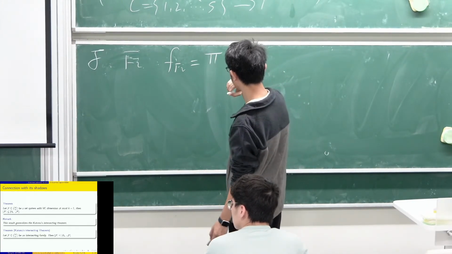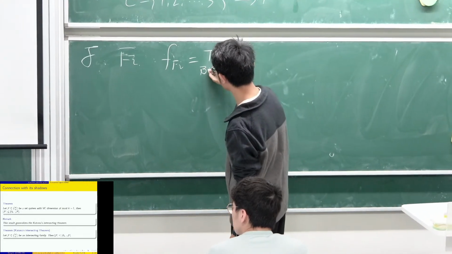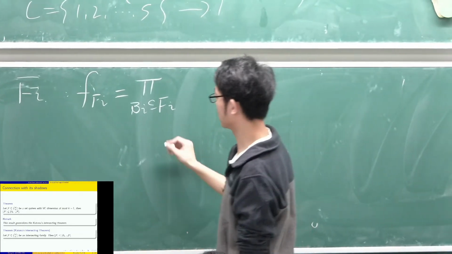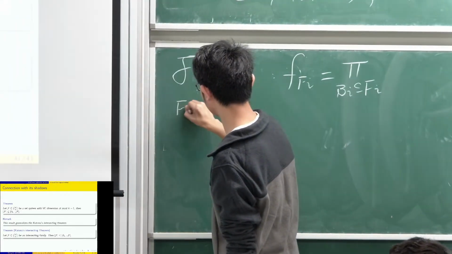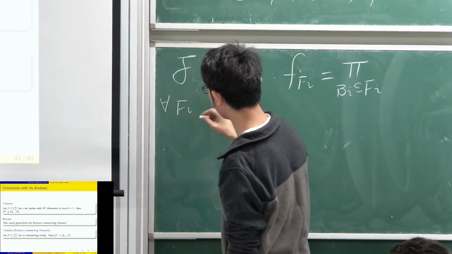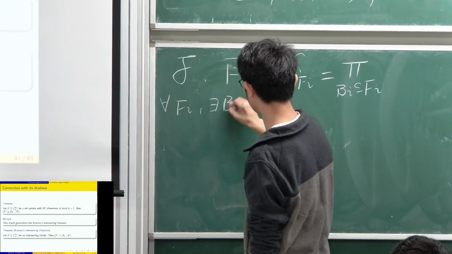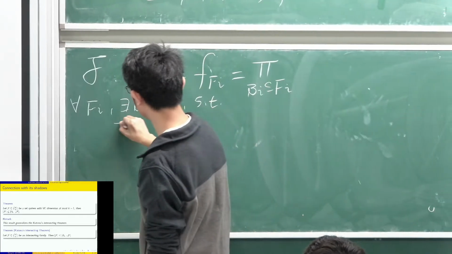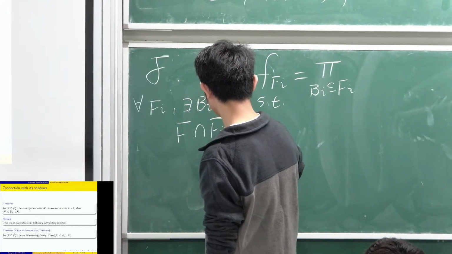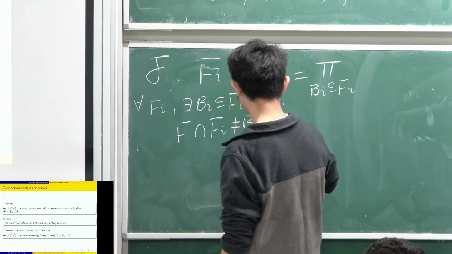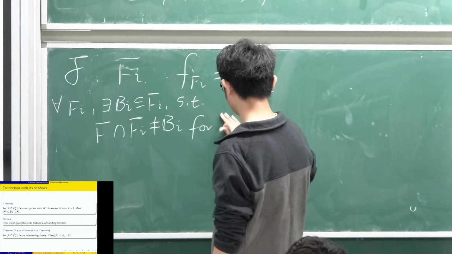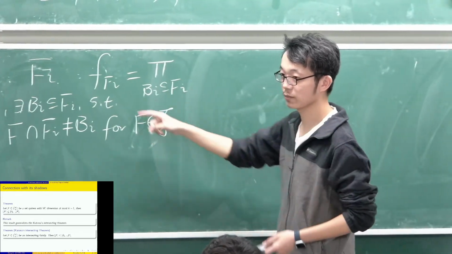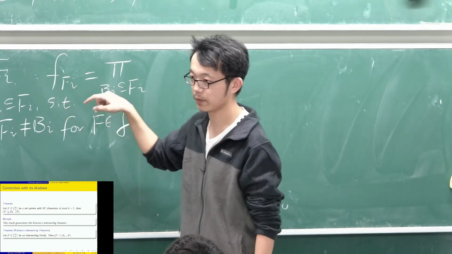So for each Fi, there must exist some Bi such that, and this is from the definition of the VC dimension.